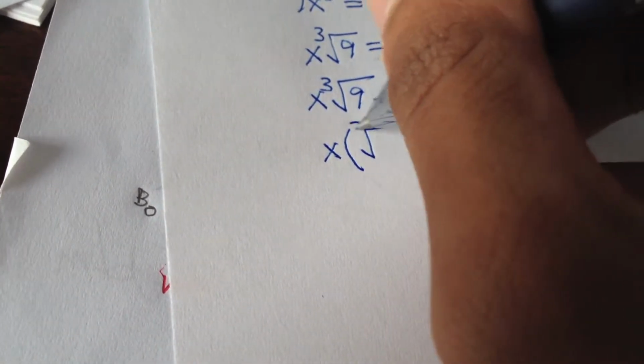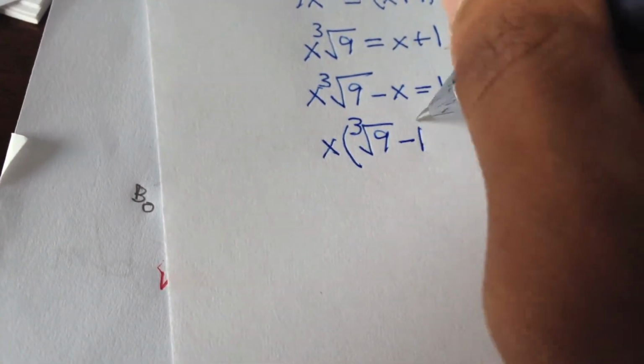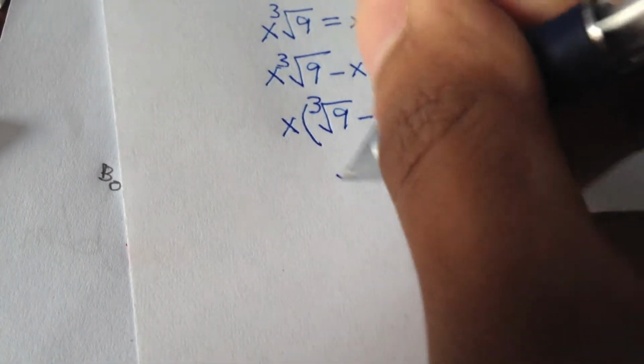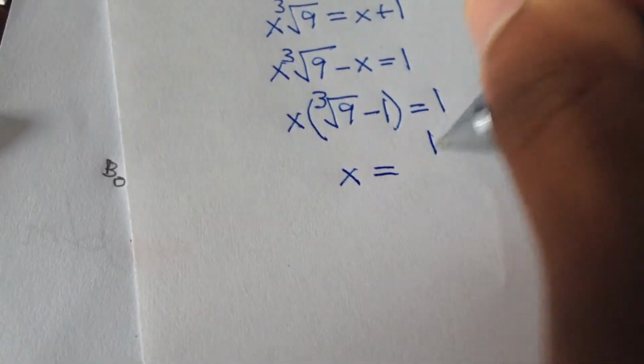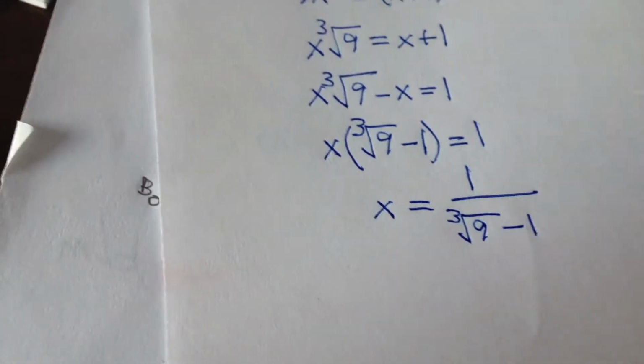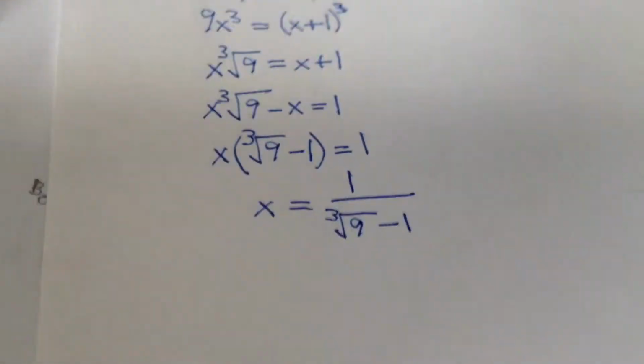Isolate x. X times the cube root of 9 minus 1 equals 1. We can divide both sides, so x equals 1 over the cube root of 9 minus 1. So we found x, and this is a real value. So we're done, right? Well, not quite.